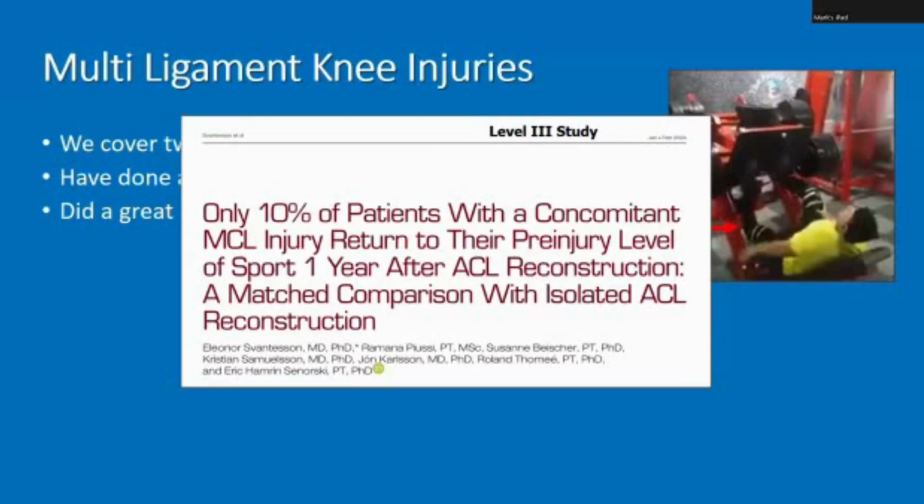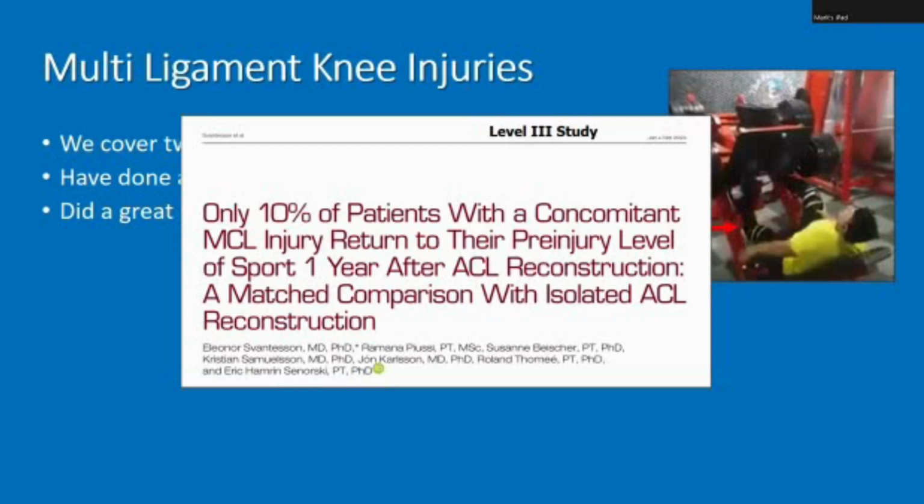Recent level 3 study that just came out in Sports Health, looking at ACL injuries plus ACL plus MCL, so a multi-ligament knee injury, says that at 1 year, 10% of their patients that they studied were back to the same level of activity in athletics with a multiple ligament injury.